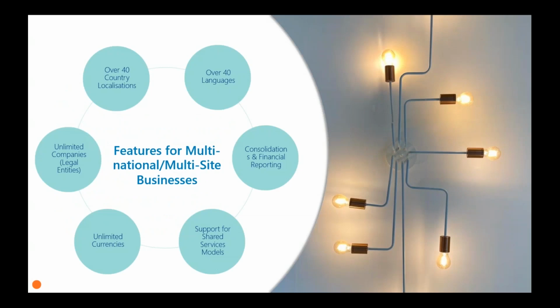So F&O allows you to create and maintain as many legal entities as you want in many different countries and languages. This is something we call localization, as Microsoft does not only provide translation, multilingual translation of screens, reports, and documentation, but also more crucially provides country-specific features to meet the legal requirements of the countries F&O is localized for.